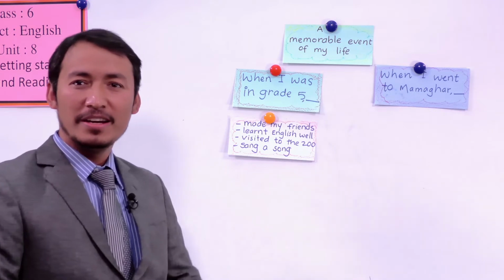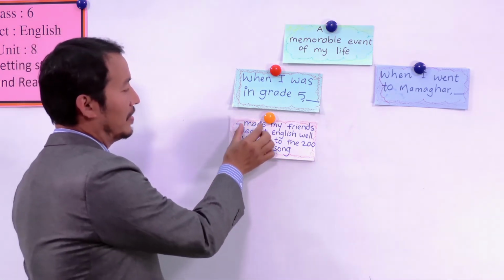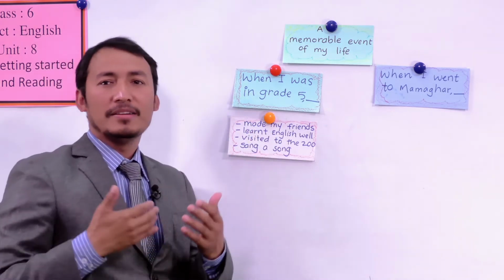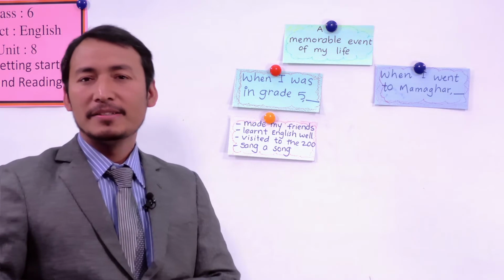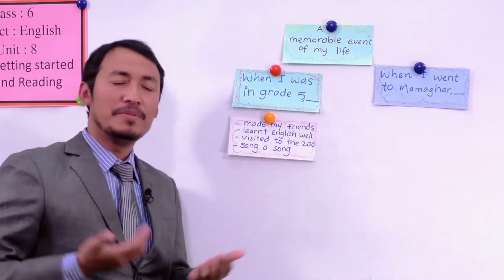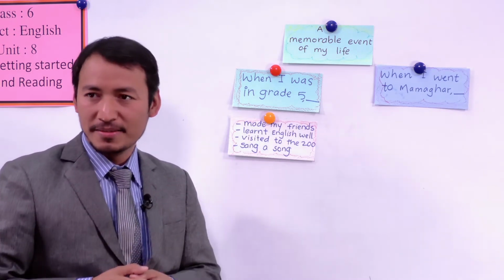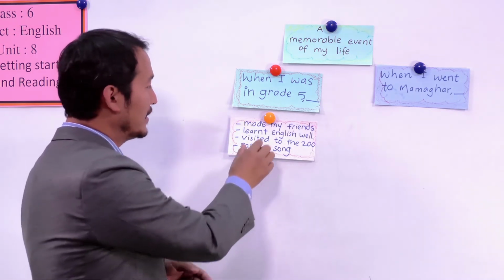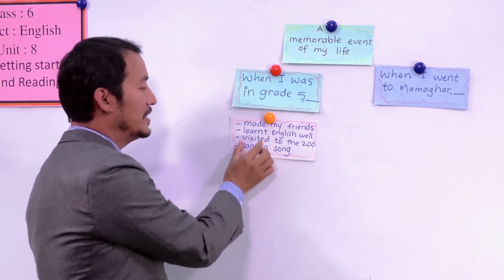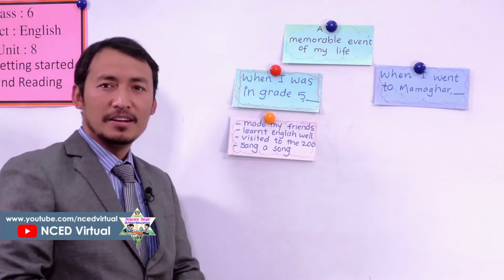Do you remember what is past tense? Past tense is a verb that tells the activities done in previous days, or last month, last week, or in the past days. Okay, students? So you can use the verbs like made, learned, visited, sang instead of sing. Okay, students?